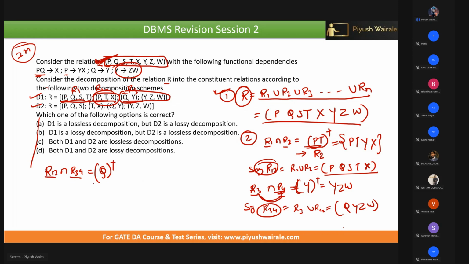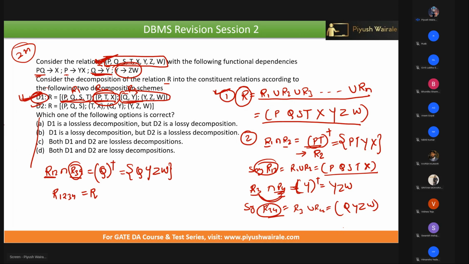Now let's see what we are going to get from the closure of Q. From Q I am going to get Y. From Y I am going to get ZW, right? And P I don't have. Okay. So you can see QYZW, that is basically my R34 only, right? So I'm getting R34. It means I can join this R12 with R34 such that I'm going to get R1234, which equals R. So D1 is basically a lossless decomposition here.